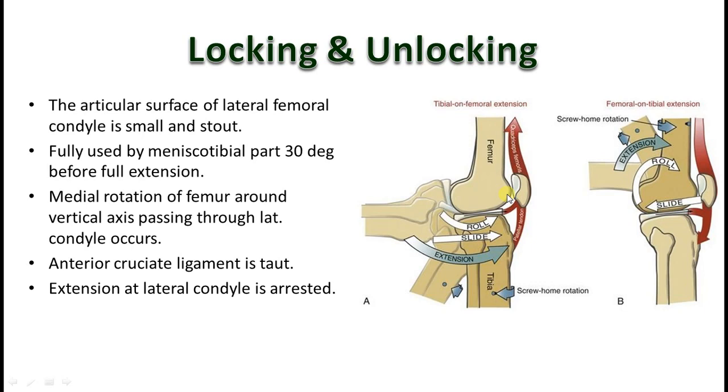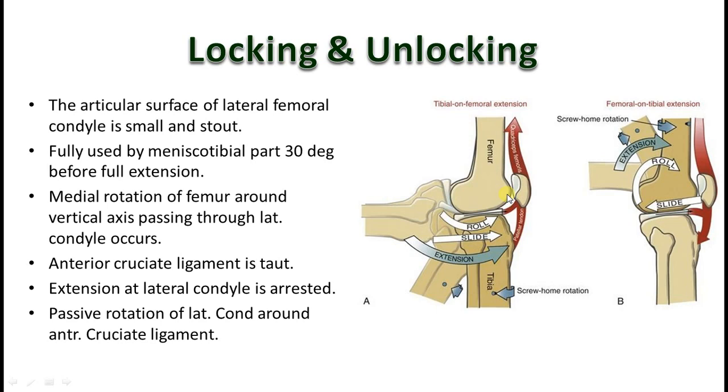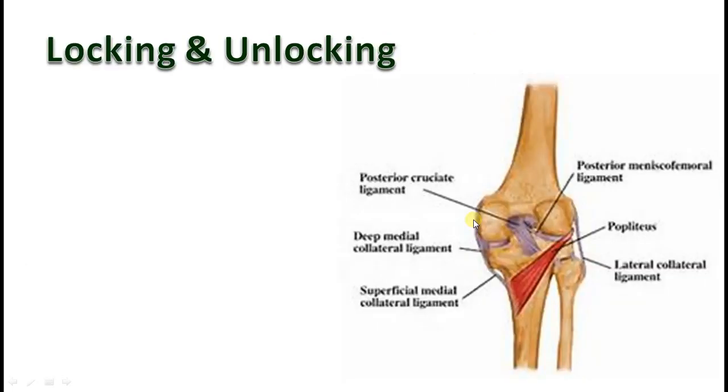Okay, so now what happens is, that is what the steps I have already told you. Anterior cruciate ligament is taut, extension at lateral condyle is arrested because it is completely used up. Now passively the medial condyle, rotation of lateral condyle around the anterior cruciate ligament serving as the axis takes place.